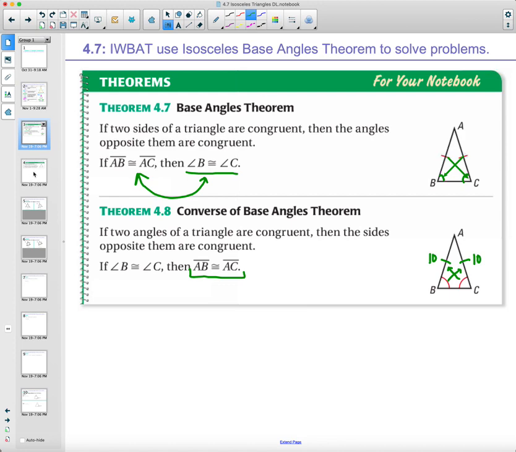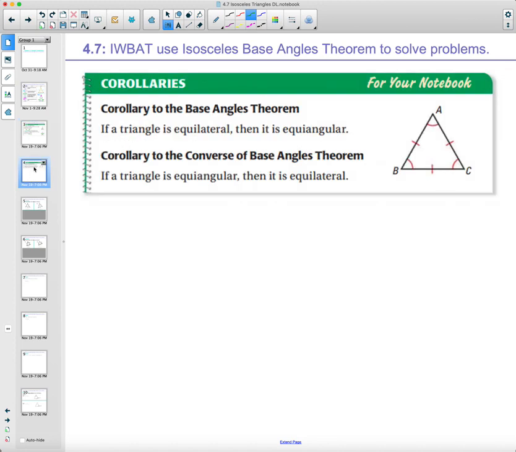Then what happens is if we actually have an equilateral triangle or an equiangular triangle, they force each other to happen. So if you see all congruent angles in a triangle, that means all the sides are congruent as well. Or if you see all of the sides are congruent, that forces the angles to be congruent as well.